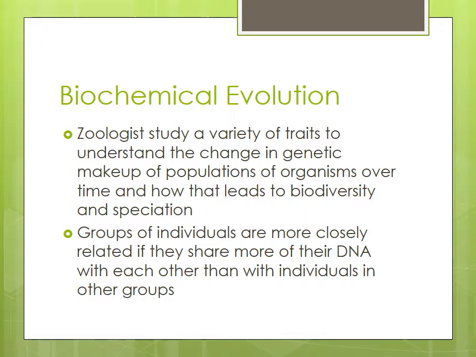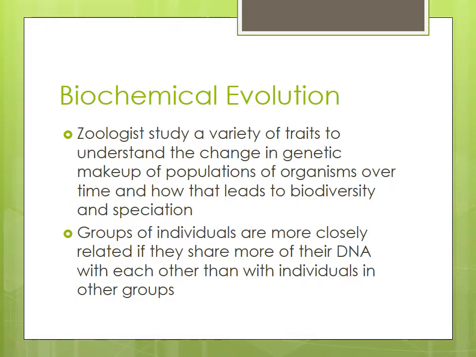Biochemical evolution is a very important portion of how we're moving forward in the evolutionary perspective. Taking a look at the genetic code of various different animals in their populations over time, and how that leads to new species and biodiversity, has come a long way in the last 20 years. Groups of individuals are more closely related if they share more of their DNA with each other than with individuals in other groups.